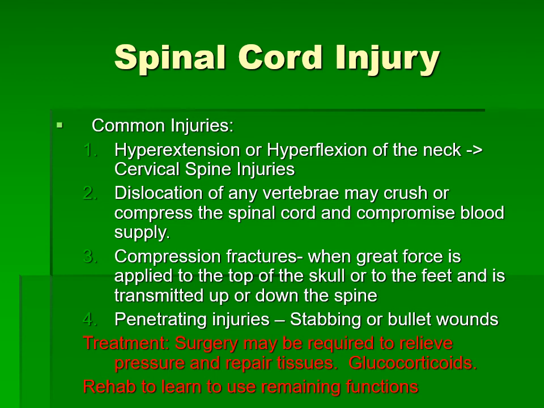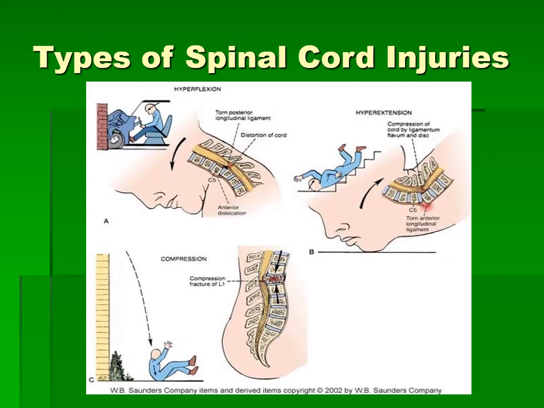Penetrating injuries, like either a stabbing wound or bullet wound that penetrates into the space where the spinal cord is. Treatment: surgery may be required to relieve pressure and repair tissues, glucocorticoids to treat inflammation, and rehab to learn to use remaining functions.